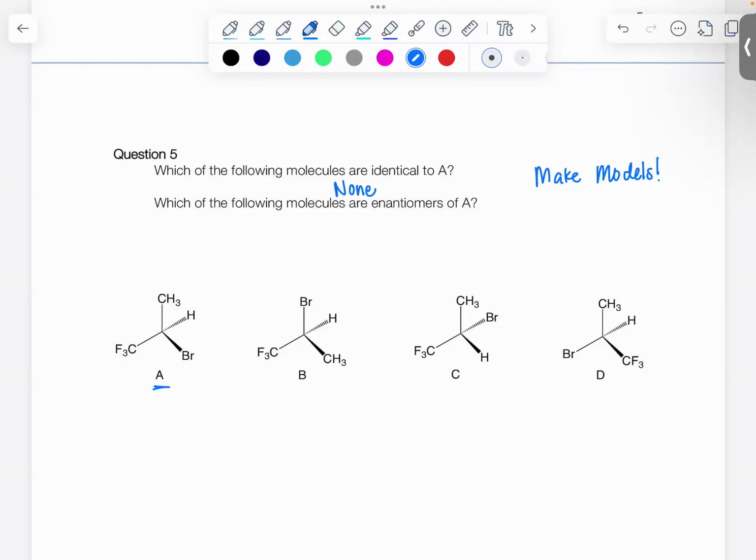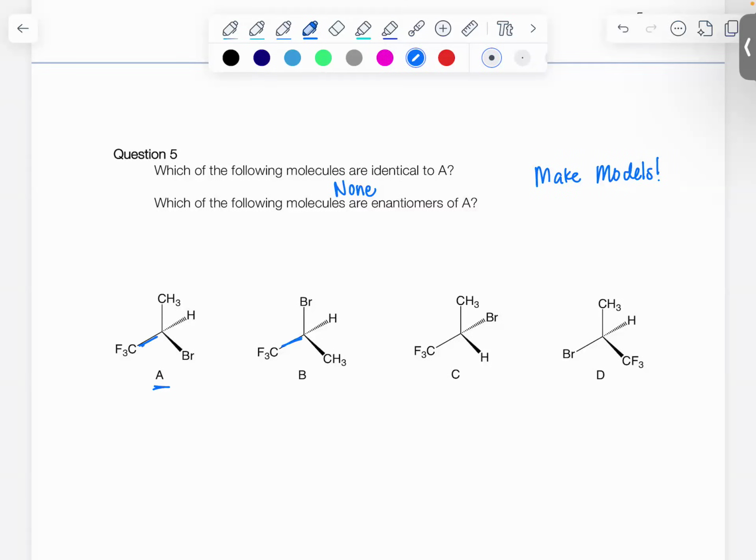And one way that we can look for this is an enantiomer has two pieces basically switched from the substituents. And so if we look at A to B, we keep this CF3 the same.